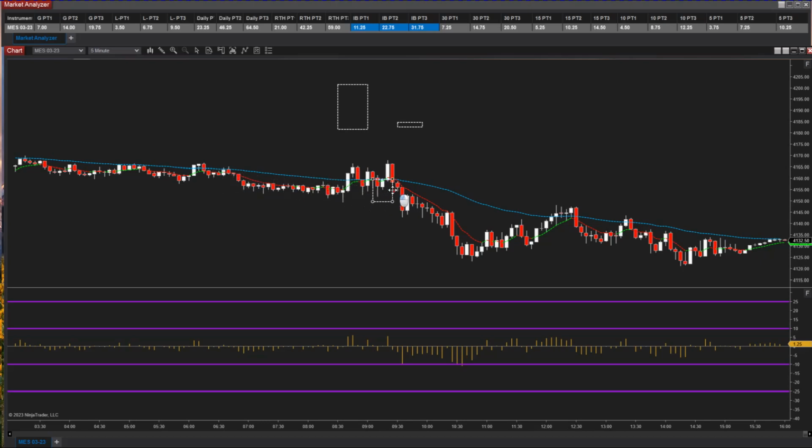So here was the open where we went up to the gap close, but it got very convoluted in here. But you'll notice that if you put your risk line, if we were going short, you never would have gotten a stop out, right?